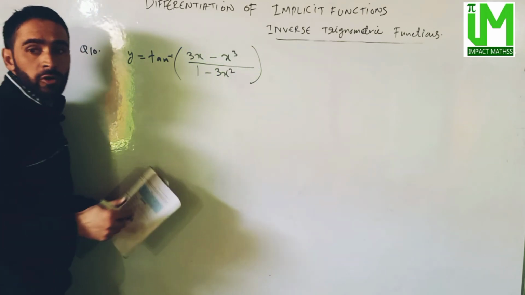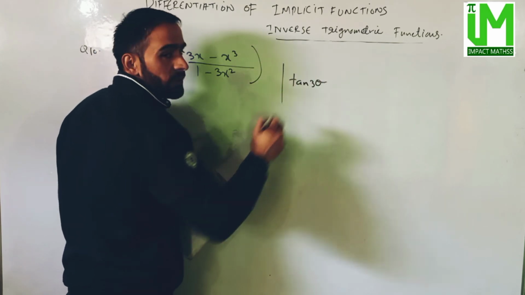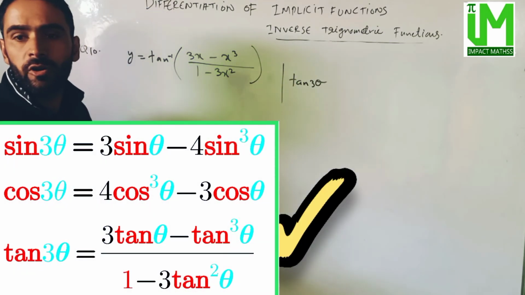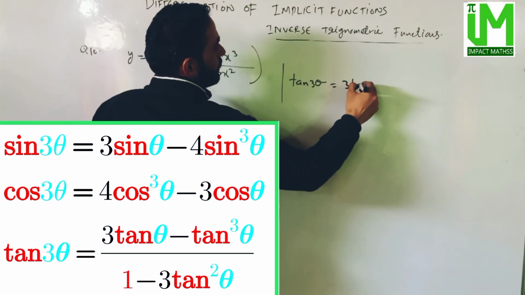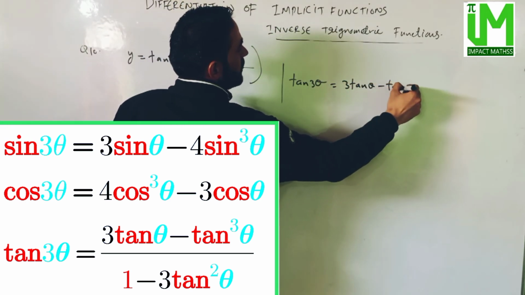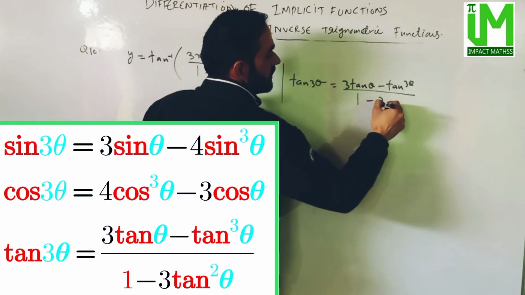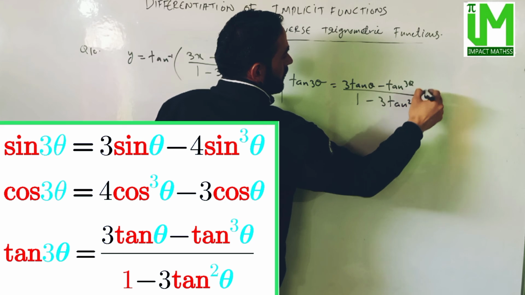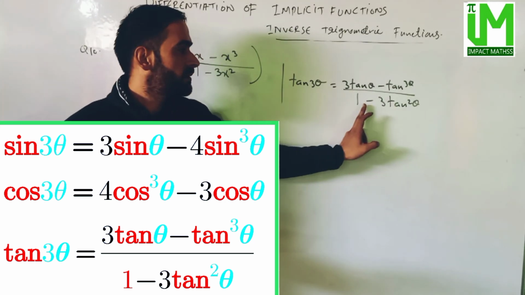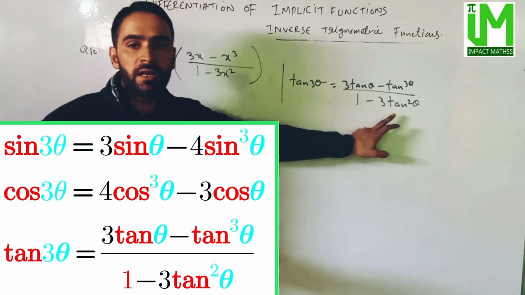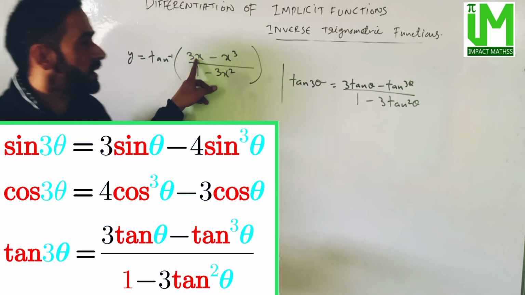If you remember the formula of tan 3 theta, the triple angle formula, tan 3 theta is 3 tan theta minus tan cube theta divided by 1 minus 3 tan square theta. Here x can be directly used as tan.